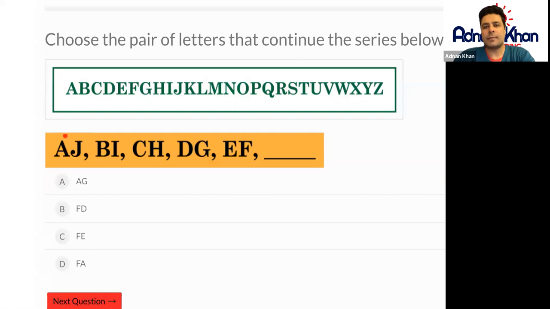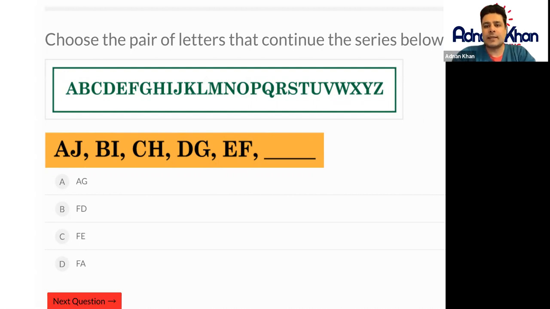So A plus 1 is B, B plus 1 is C, C plus 1 is D, D plus 1 is E, and then we know that E plus 1, if you look at our alphabet on top, will be F. So in this case, F will go here on top in our blank.